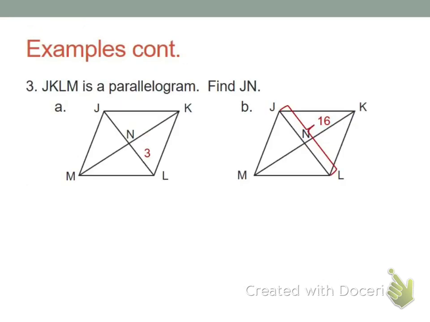All right, on the number 3 examples, we have parallelograms JKLM. This time we are asked to find the length of JN. Okay, so JN comes out of this corner and stops in the middle. It is part of a diagonal.